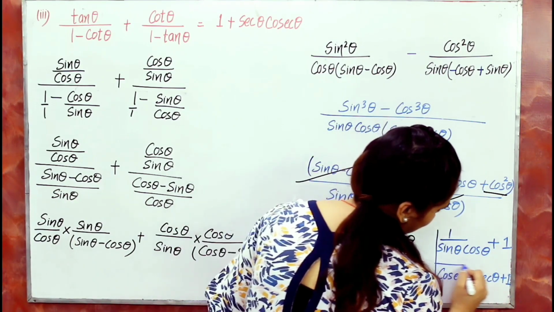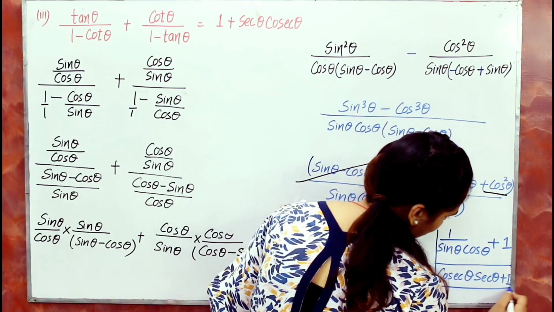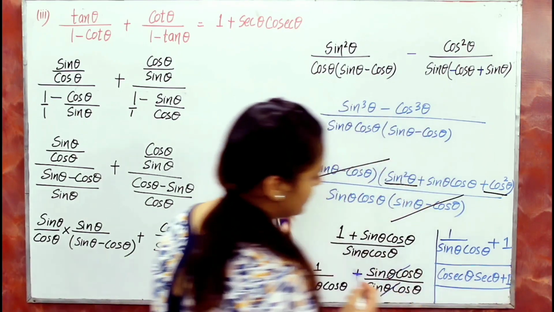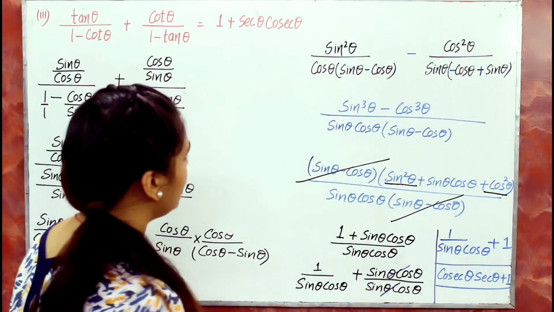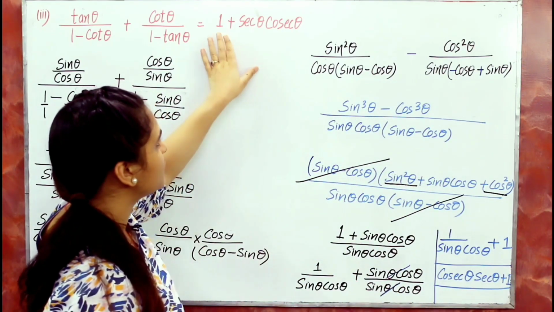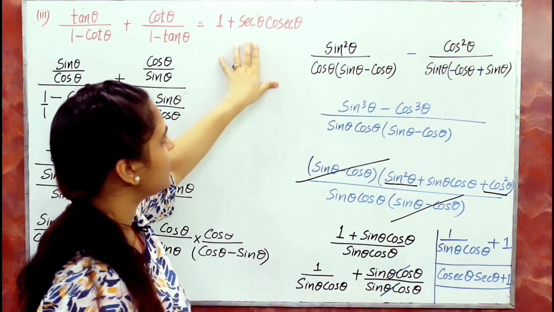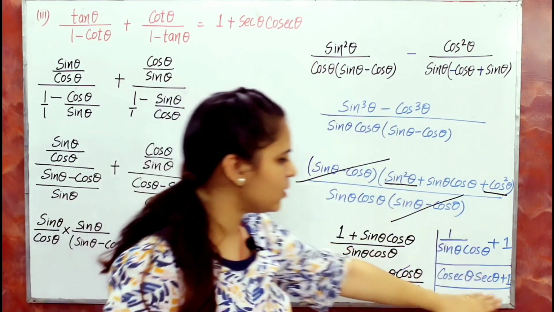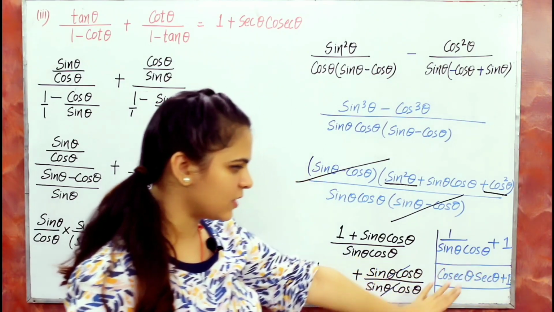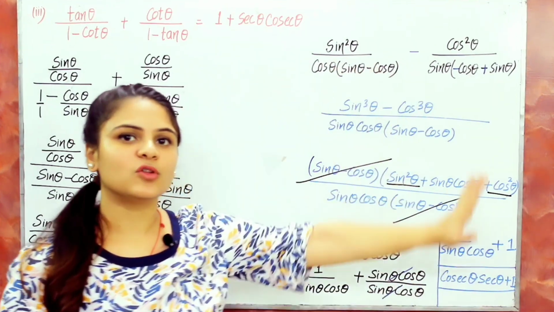So this is the final result, and if you see your right hand side, it is also 1 plus sec theta cosec theta. Here also you have 1 plus sec theta cosec theta. That means this is verified.